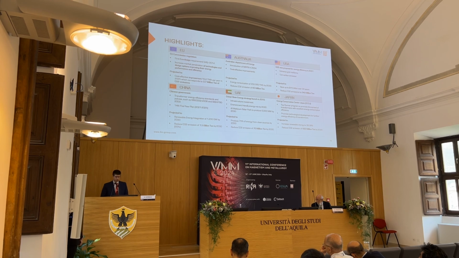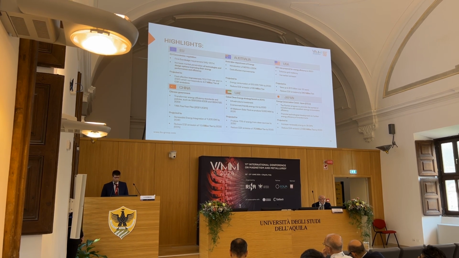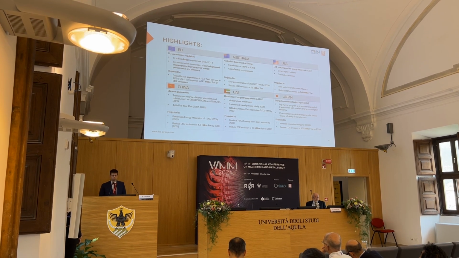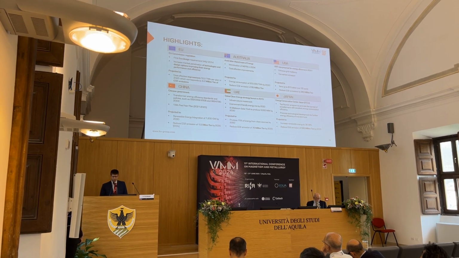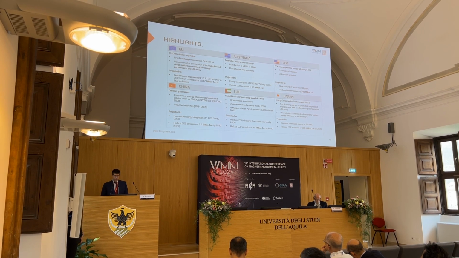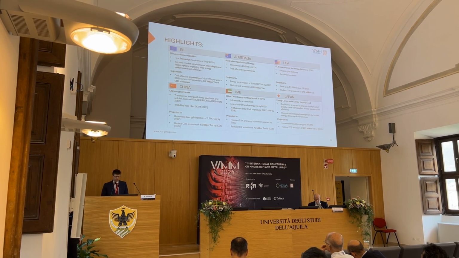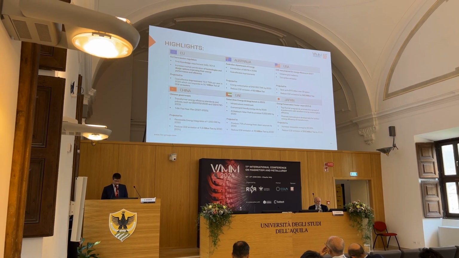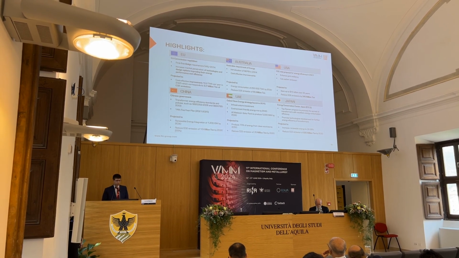If we go to the UAE, it's small compared to the USA and China, but the idea is also to push renewable energy, and the target is to reduce the carbon emission by 70 million tons by 2030 as well. And last but not least, we can see Japan.